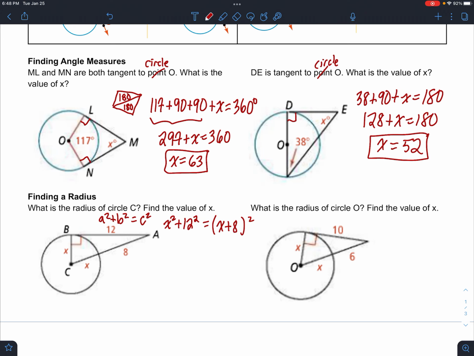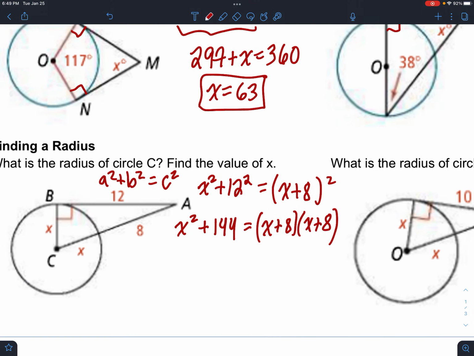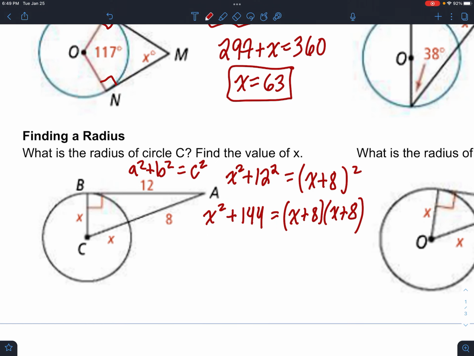All right, so we need to hop back to algebra class and remember, how do I handle something that looks like that? And it's foiling. So what we're going to do is write it as 2 copies of itself. And then we're going to distribute, or we use the acronym FOIL.